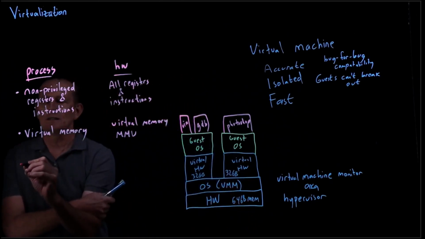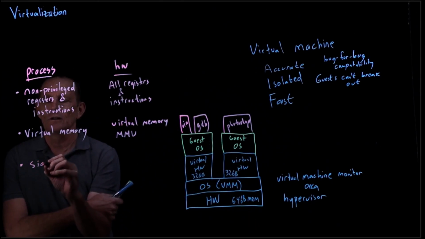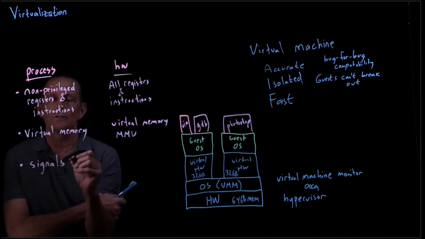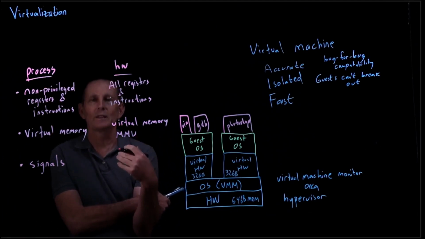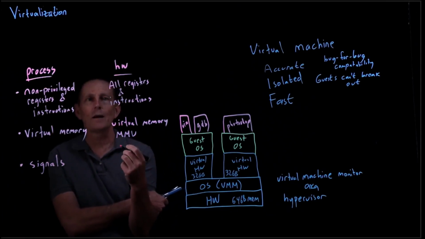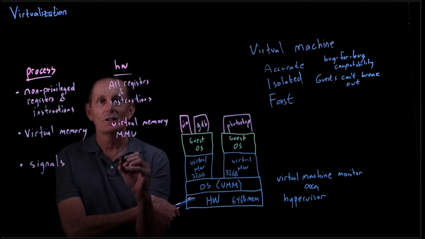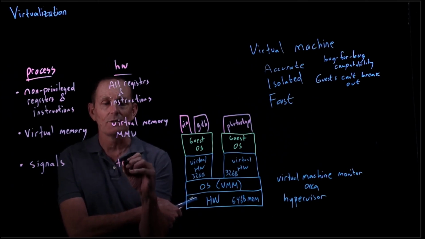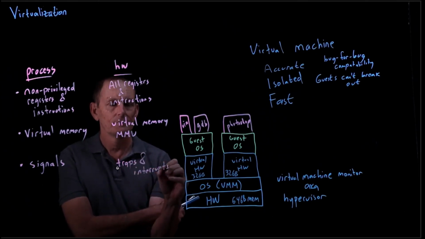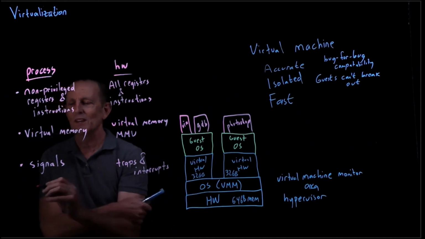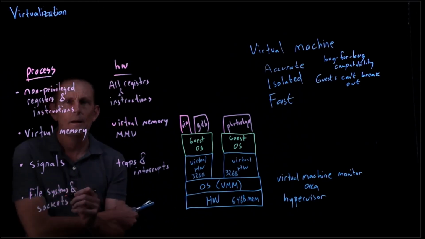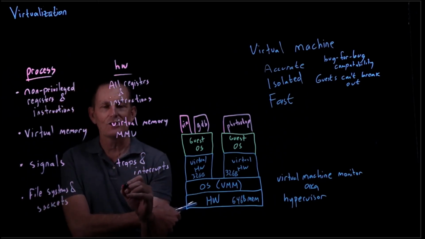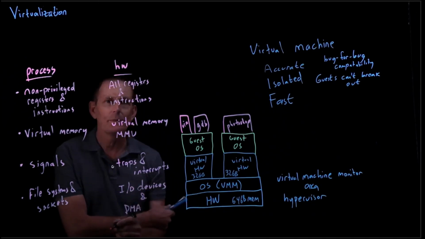In the process abstraction, we have signals. So signals are a call from the operating system to a process that says that something's happened. In the case of the hardware abstraction, we're down to the hardware. That is, we get traps and interrupts. For process, we have file systems and sockets. For hardware abstraction, we have I/O devices and DMA, right?